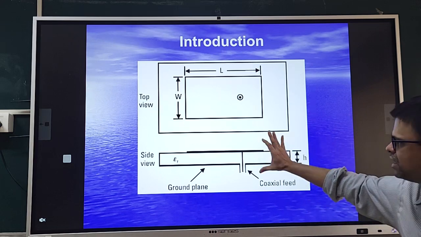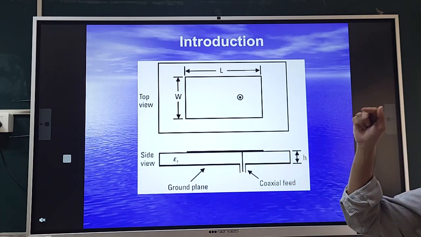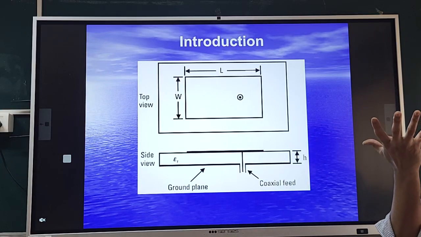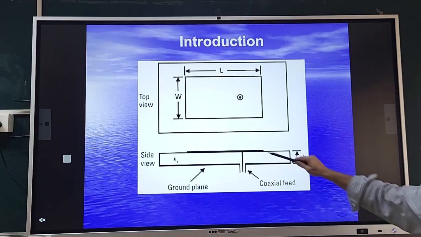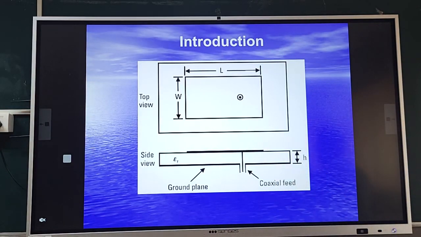Because when you go on increasing this parallel plate distance, there is a term called the electric field intensity. What is that? Volts per meter. That weakens. So the lines of force between these two plates get weakened and ultimately they get detached. Why do they get detached? Because the capacitance is eventually reducing. Why?